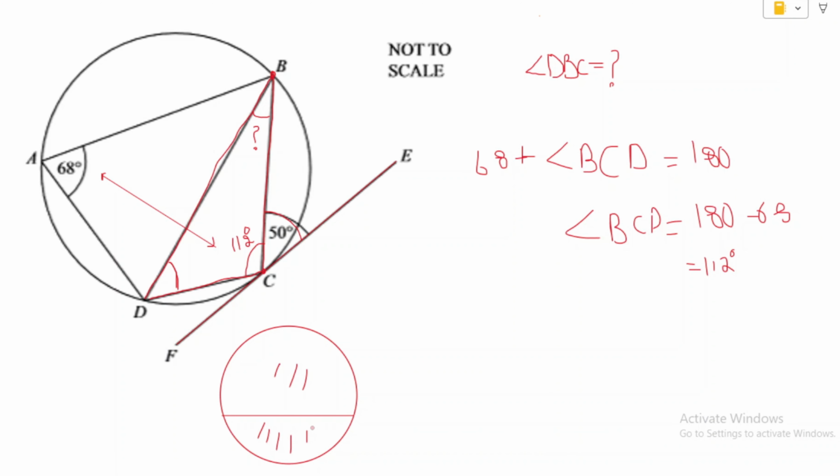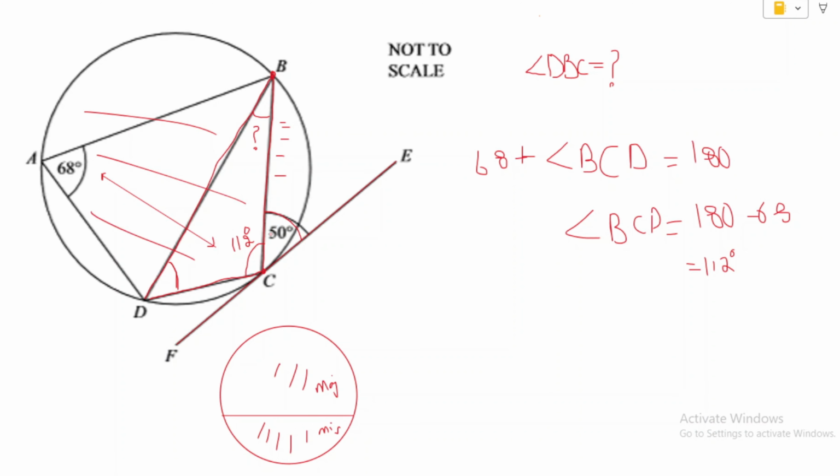These are called segments, where this is the minor segment because it is the smaller one, and this is the major segment. Similarly here, this chord is dividing this circle into two segments: one is this small segment and the other one is this big segment.